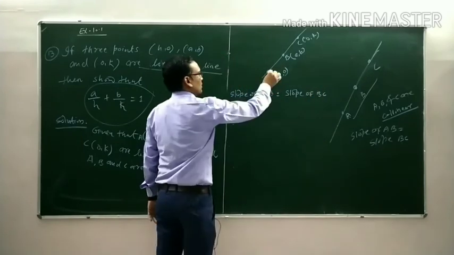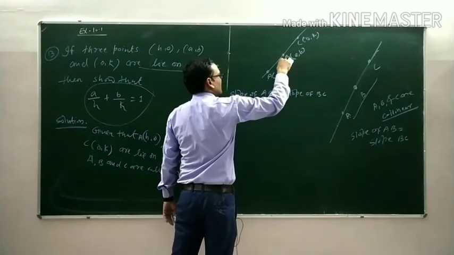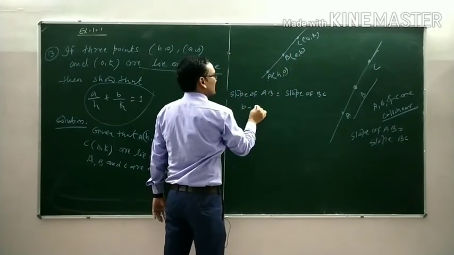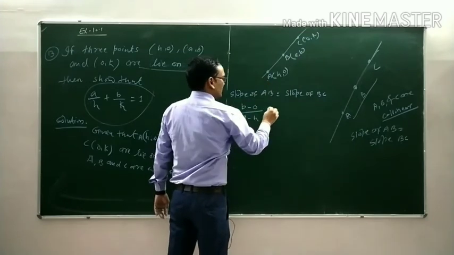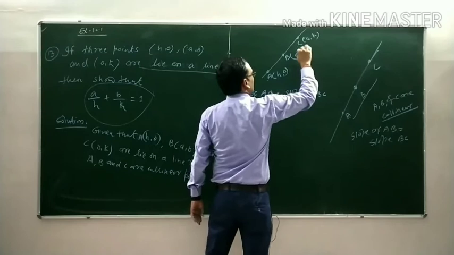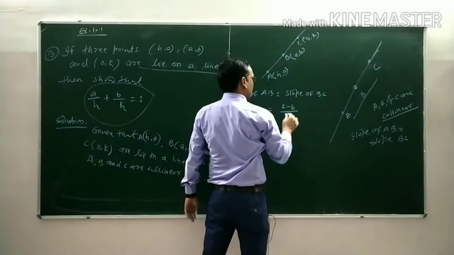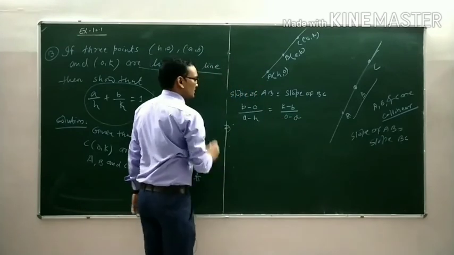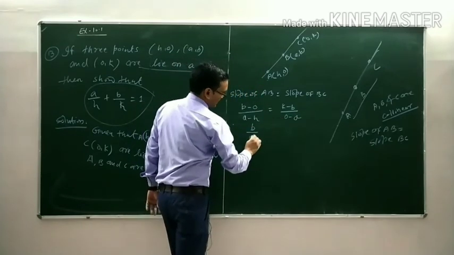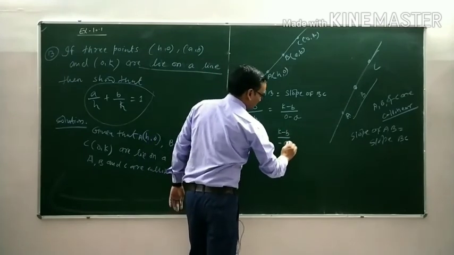Okay students, the slope of AB is y2 minus y1 over x2 minus x1, that is b minus 0 upon a minus h, equal to the slope of BC, k minus b upon 0 minus a. This implies b upon a minus h equals k minus b upon minus a.